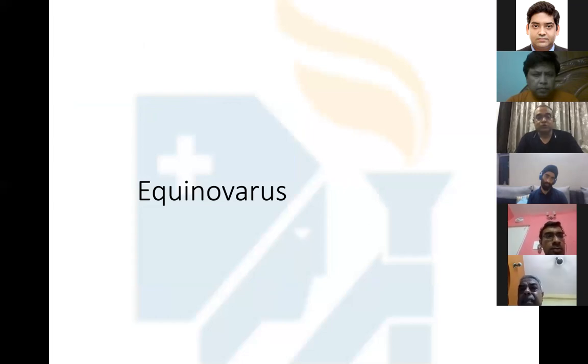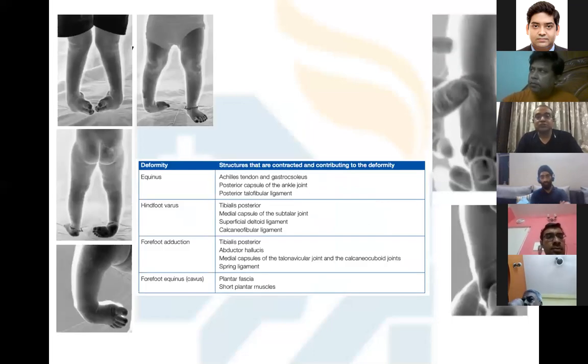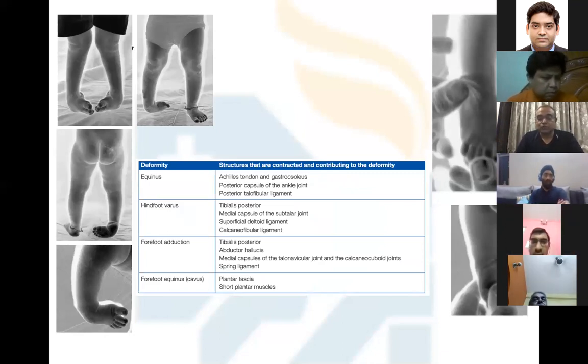Now coming to the commonest one, the equinovarus deformities. This is the congenital talipes equinovarus. Most of you will have it as a short case. You have to know which tight structures contribute to the equinus, which give rise to the hindfoot varus, forefoot adduction, and the forefoot equinus of the cavus. These are the various structures which are tight.